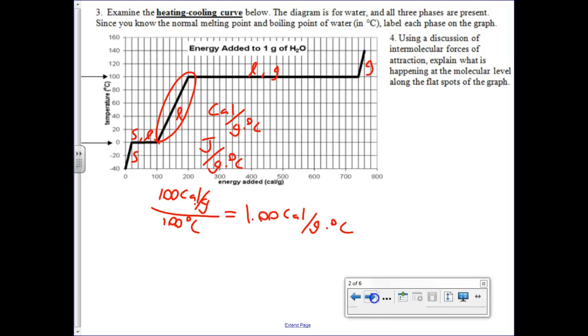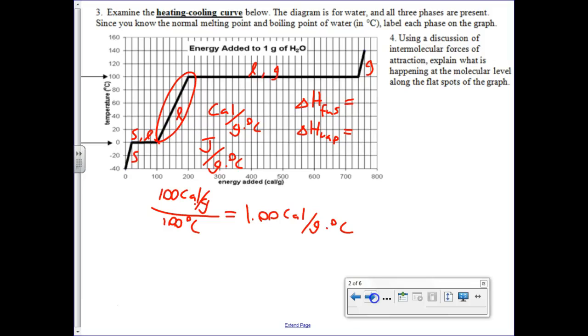Another thing you can pull off this graph is what's called the heat or enthalpy of vaporization, or the heat or enthalpy of fusion. We've used these before. I think we talked about this earlier this year at least one day, and we certainly talked about it last year in regular chemistry.